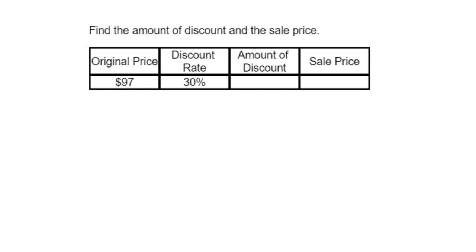Find the amount of discount and the sale price. So they give us some information that we need in order to calculate this. We have the original price and we have the discount rate, which is a percent. So what you need to do in this case is to find the discount amount, the third box, we need to know our formula for finding a discount amount.